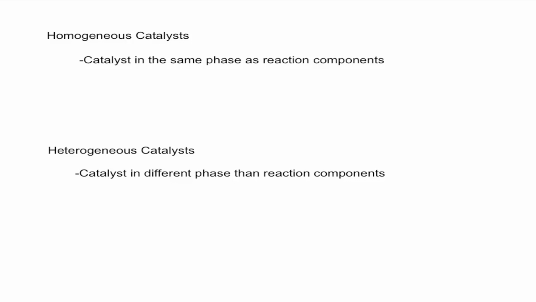That means if the reactants are in solid state, the catalyst is going to be a solid as well. And one thing to note about catalysts is you add them at the beginning of the reaction and they exit at the end of the reaction. So they're not part of the products.